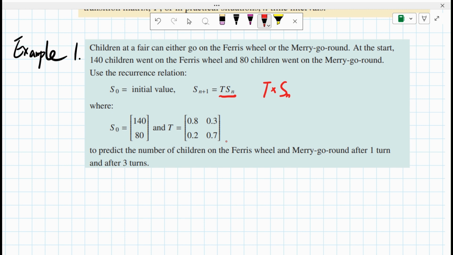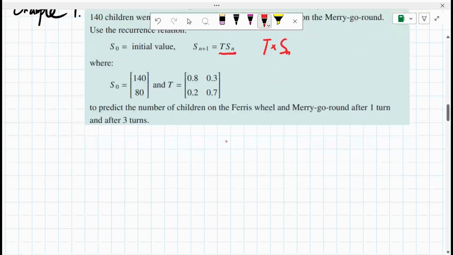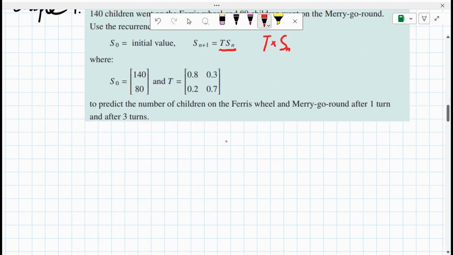Alright, same questions as the last video. Ferris wheels and merry-go-round: start with 140 on the Ferris wheel and 80 people on the merry-go-round. Your transition matrix is T, and they ask you to predict the number of children on the wheel and the merry-go-round after one turn and after three turns.